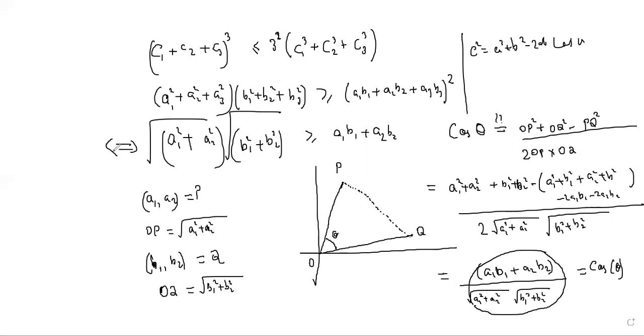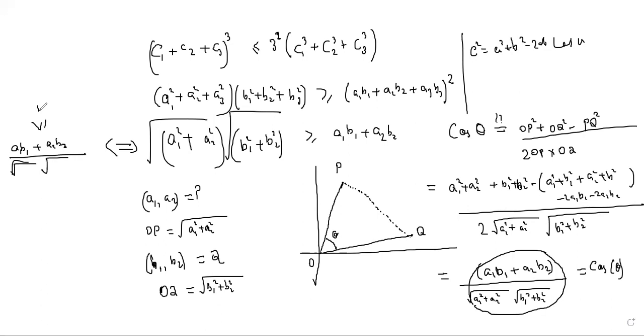So this is the same thing as saying, right? So we are trying to prove this inequality of two variables. Then this quantity times this quantity, that basically means you want to show this is less than 1.